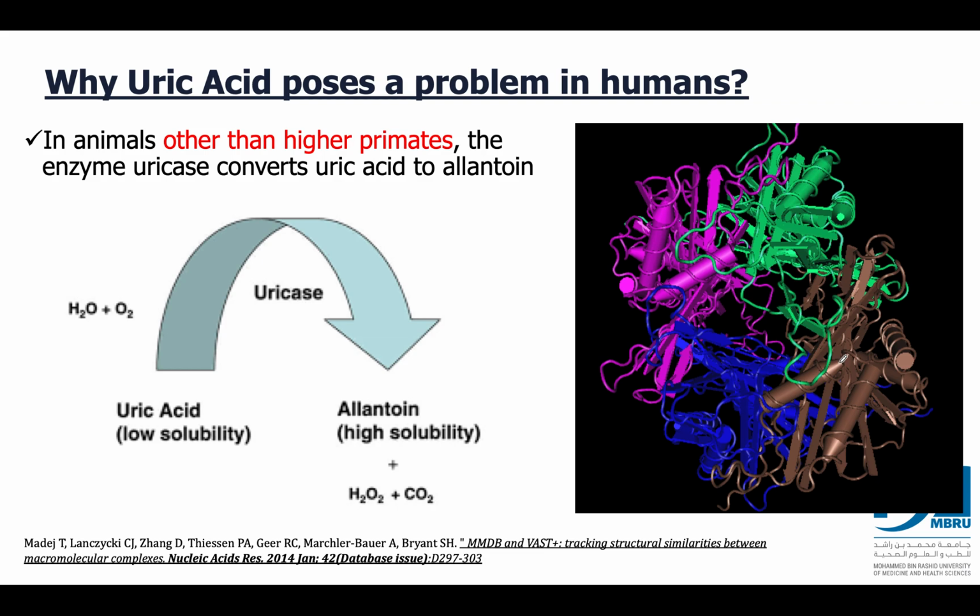Now, why does uric acid, which is produced at the end of purine catabolism, pose a problem in humans and higher primates?